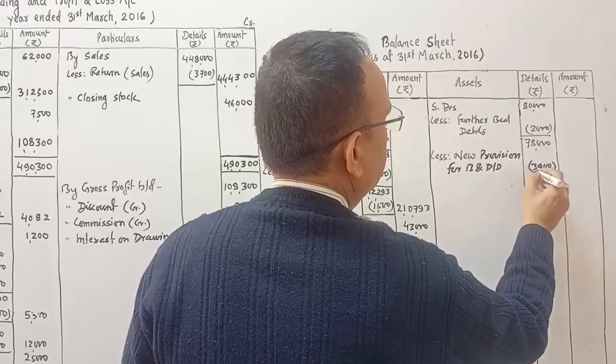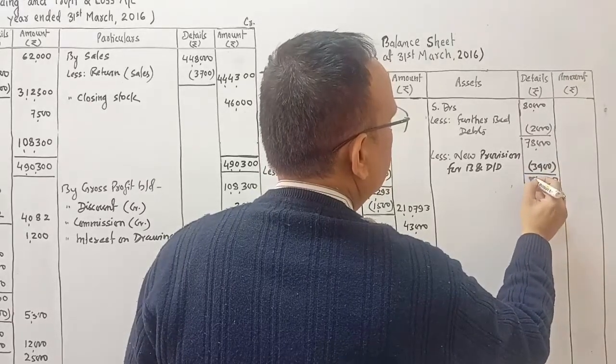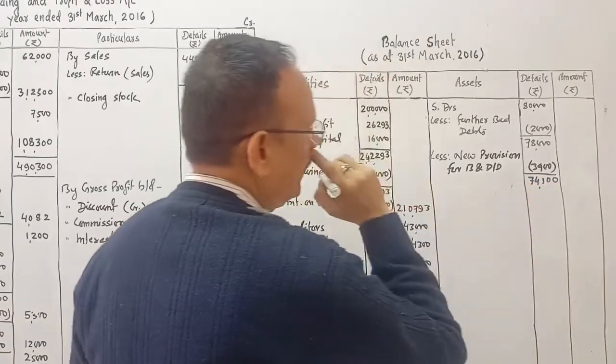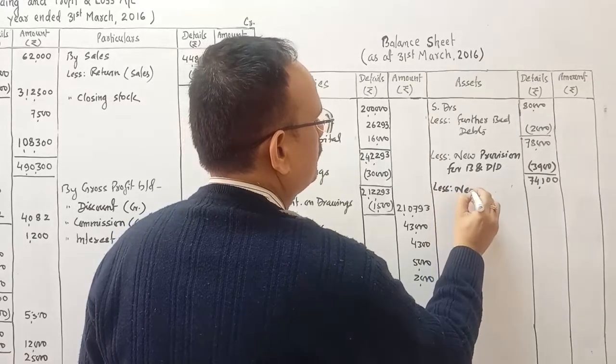So we'll deduct it, 3,900. Okay, so 74,100.